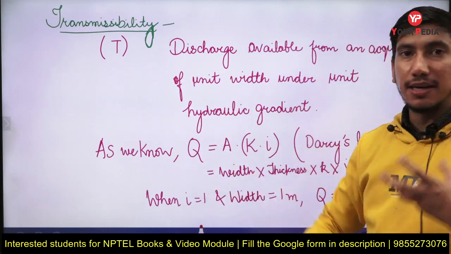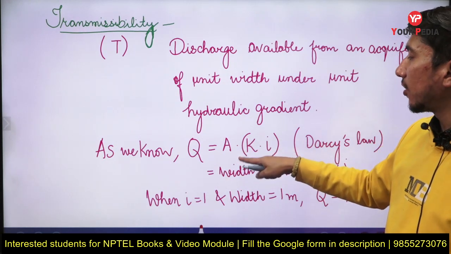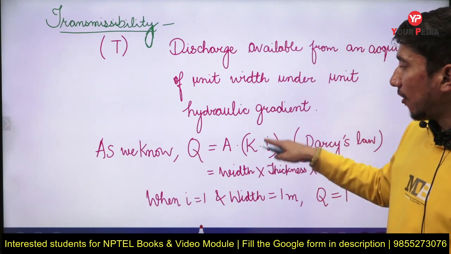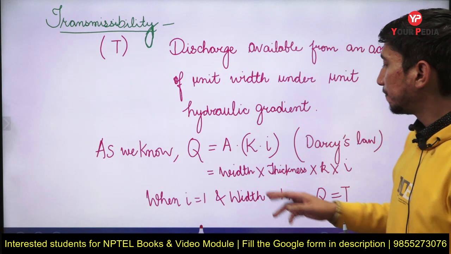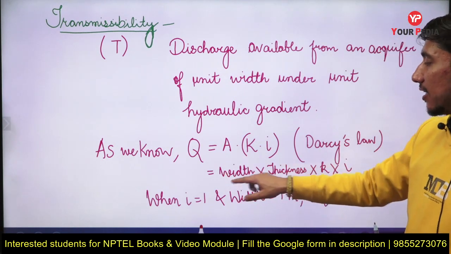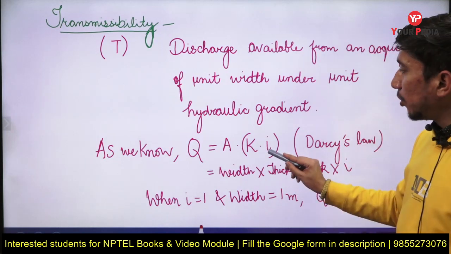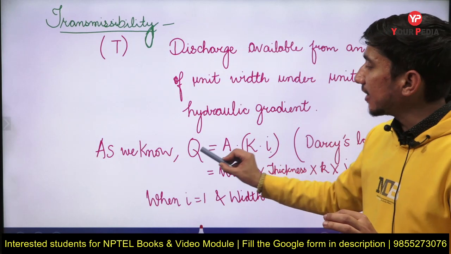So as we know the Darcy law states that the discharge is equal to area of the cross section into the velocity, and the velocity will be what? The coefficient of permeability multiplied by the hydraulic gradient. In this case, your area can be written as width into thickness into K into i. So when your i is equal to unity, and your width is equal to 1 meter, in that case Q becomes what?